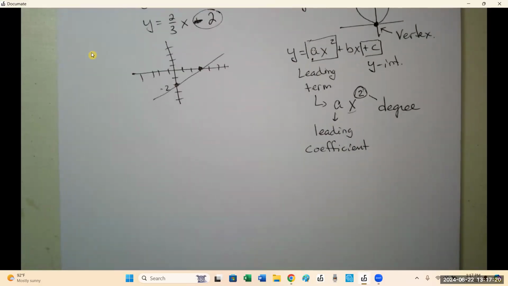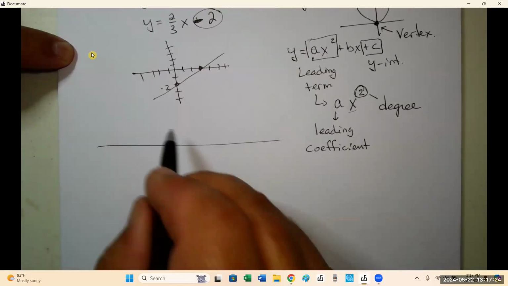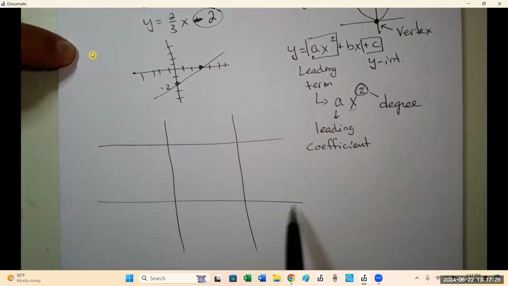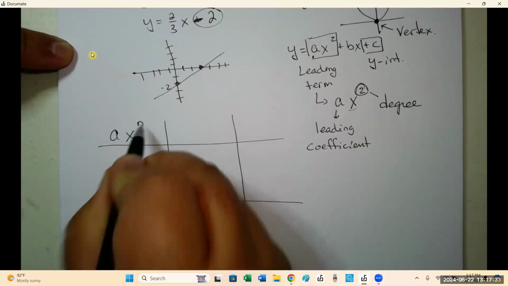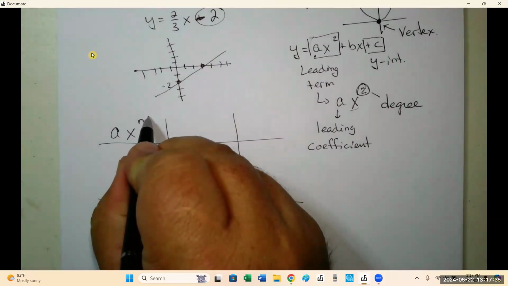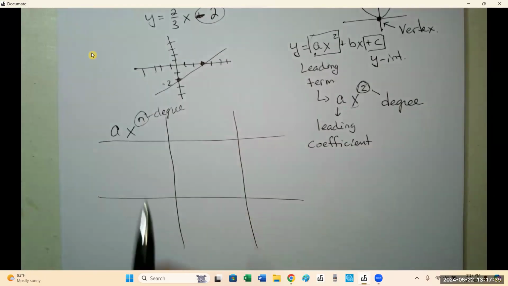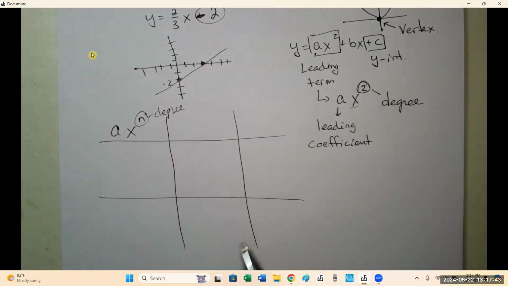For example, in a quadratic equation, we can tell what the graph's going to look like just by looking at the leading term. So we have the leading term here, where that n is the degree. You have to make sure in your equation it's the largest exponent.